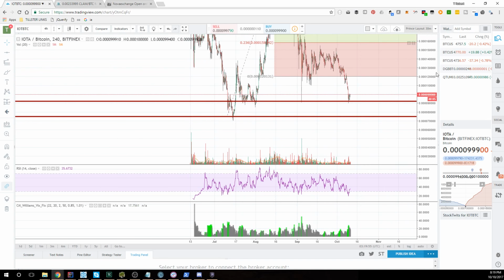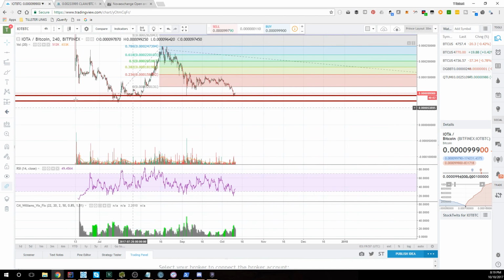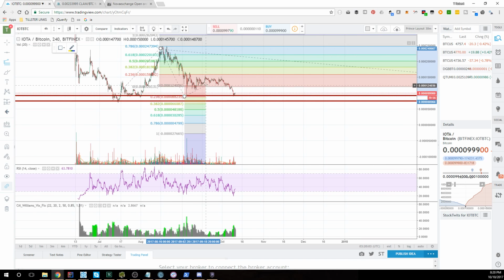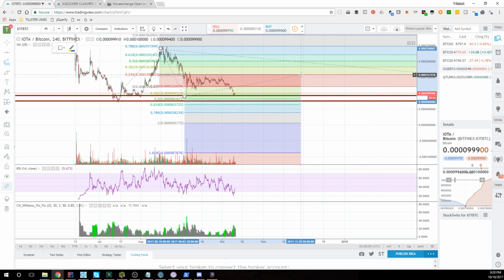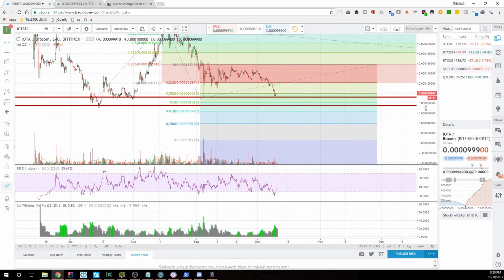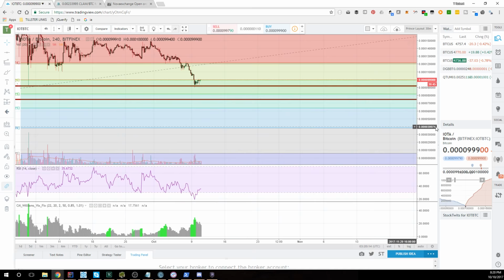You look for where else it could go. Where's your extension on that? Pull your extension in. Let's take a look at our extension. If it came down to here, went up to here, where can it go to? Let's match those lines. Okay? It didn't like that, we didn't get respected at that line right there.